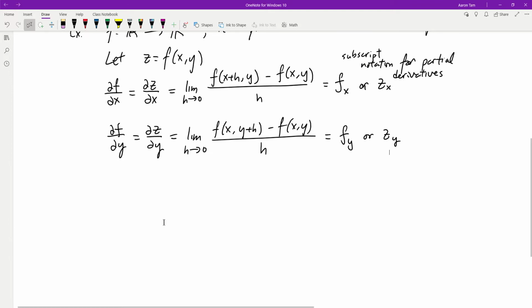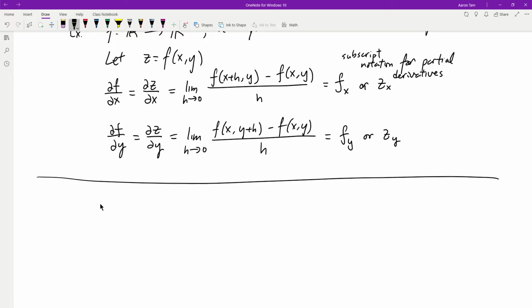So maybe we can try an example together before I show you more. Here's the interesting thing. As you probably expect from last year in BC Calculus, you learned the definition of the derivative, but when it comes to finding the derivative, you actually don't use that definition at all, because the definition is complicated to use.